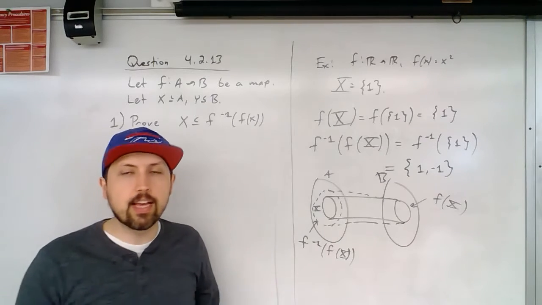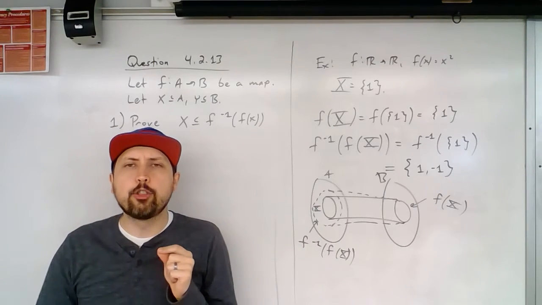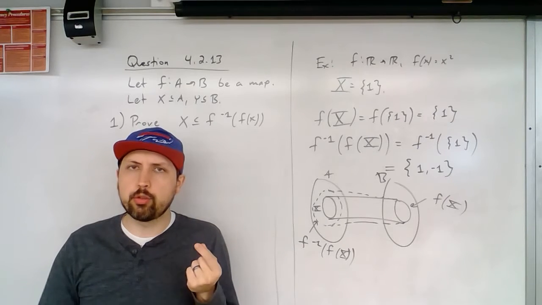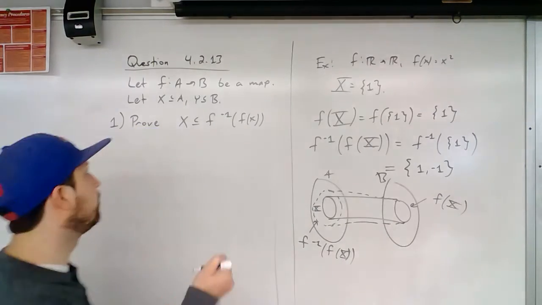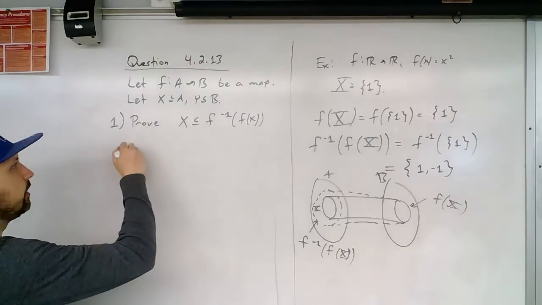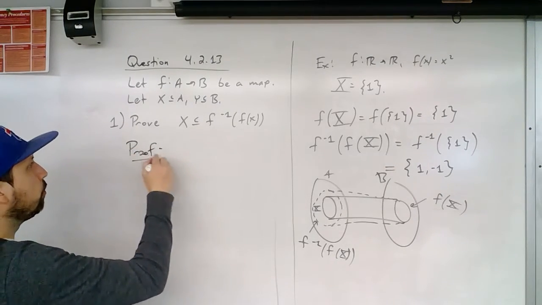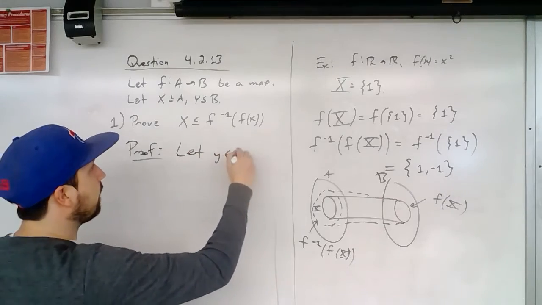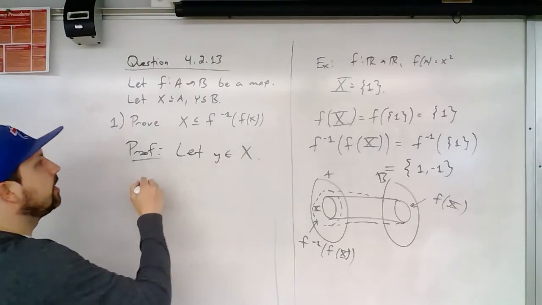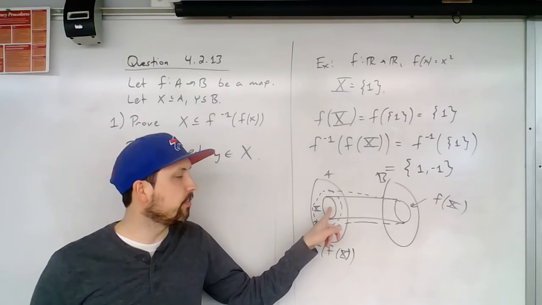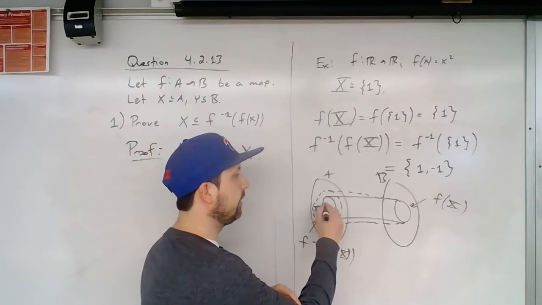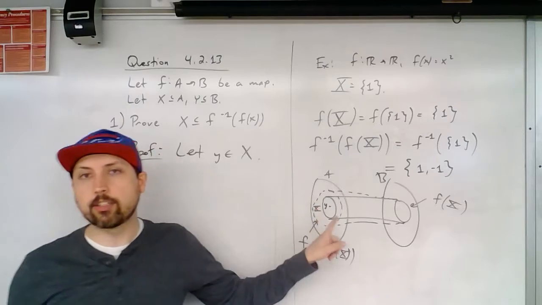Now to prove this, it's a surprisingly short proof once you start working through the definitions of it. So again, just to push you in the right direction here, your proof, what you're going to say is, let y be an element of X. Then what does that mean? So if you have y as an element of X, basically you're imagining you're taking y, and now y is going to go on a trip.